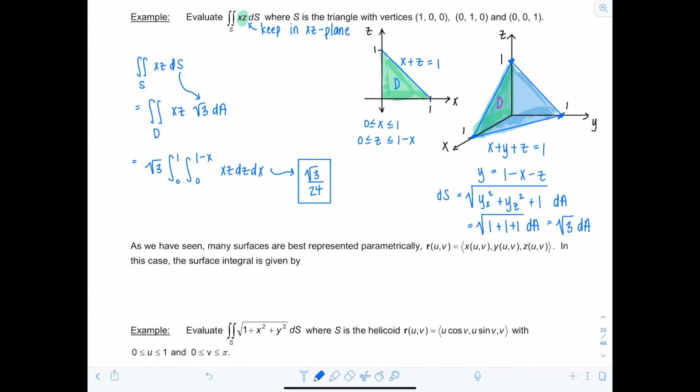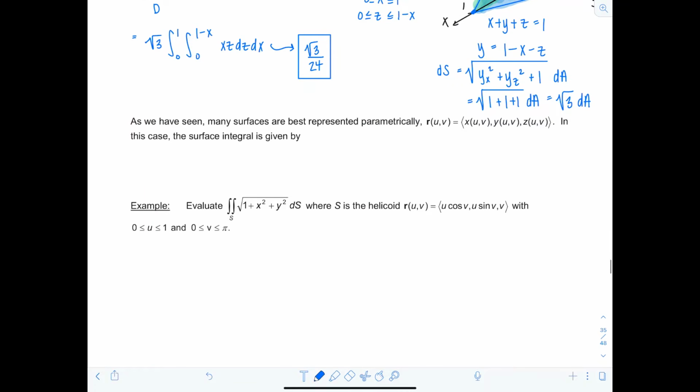Okay, nice. Now, as we've seen, many surfaces are best represented parametrically, where you have r, your vector valued function with parameters u and v, and then each of the components x, y, and z are defined in terms of u and v. So in this case, your surface integral would have the following form. You'd have the double integral over your surface of f of x, y, z dS.